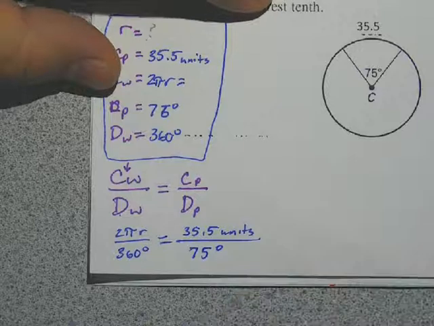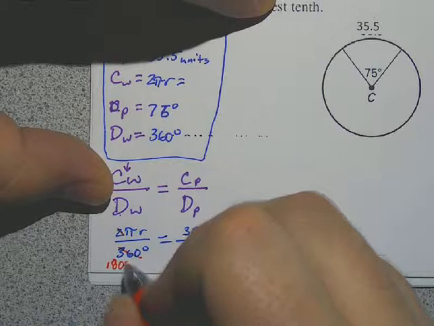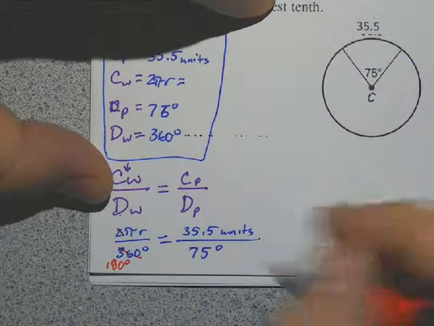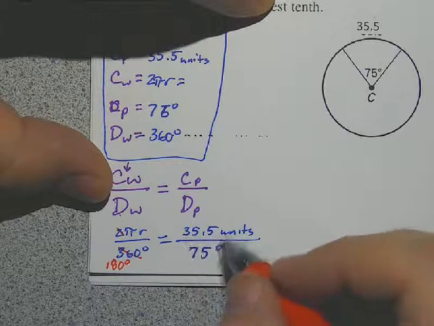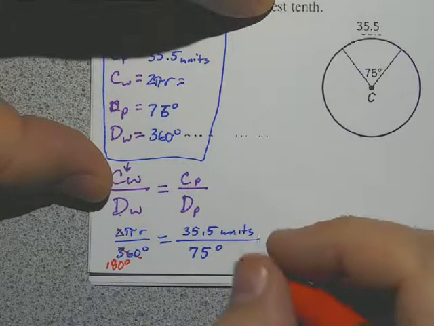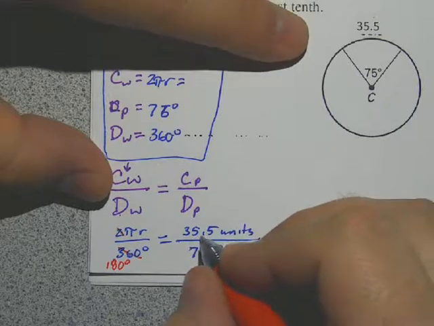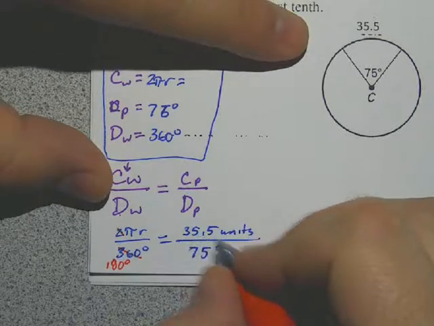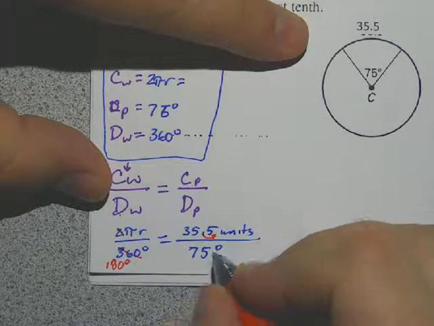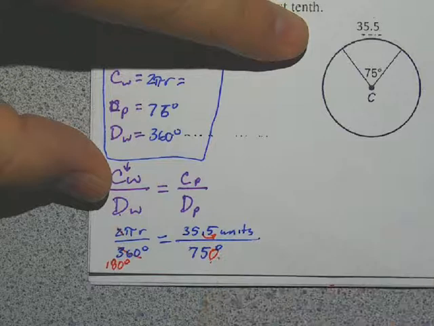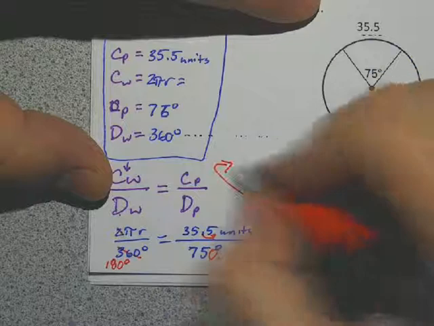I'm going to go ahead and reduce a little bit here. So I got a 2 that we can reduce with the 360, and leaves me 180 degrees. And then 35.5, man, that one's going to be a little bit more difficult to deal with. But if we multiply both of these by 10, that would be one way to do it. And I'd end up getting 355 over 750. Okay. So I'm going to go ahead and move up here.